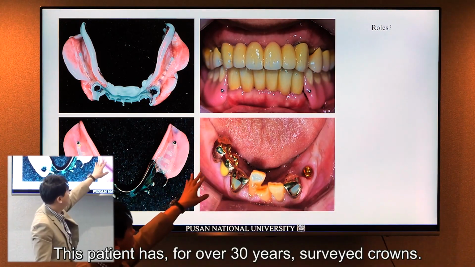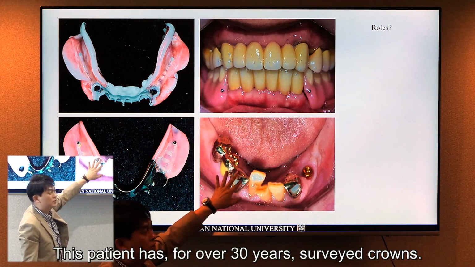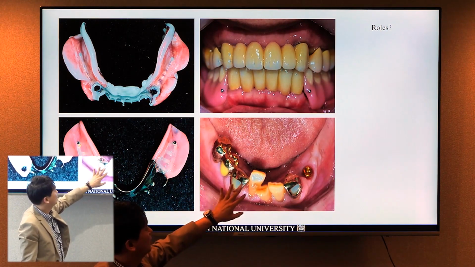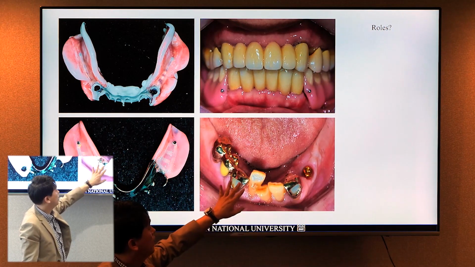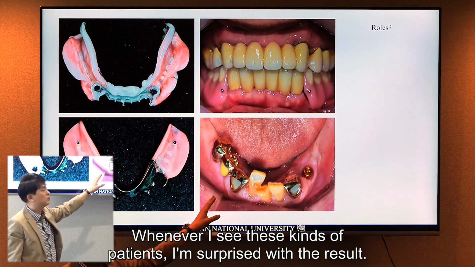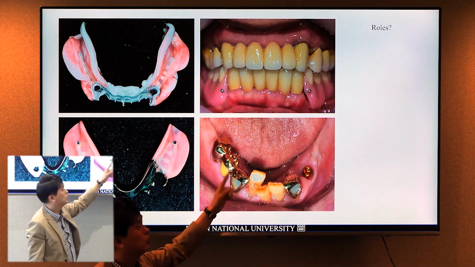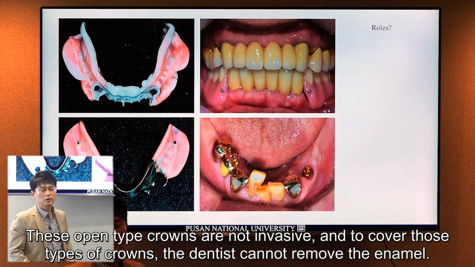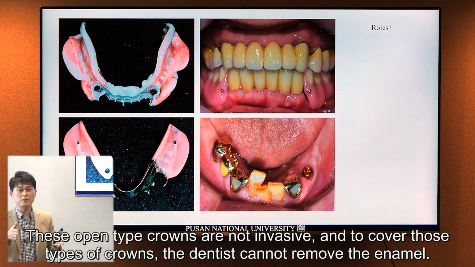This patient has over 30 years of surveyed crowns. Whenever I see this kind of patient, I am surprised about the result. These open type crowns are not invasive.